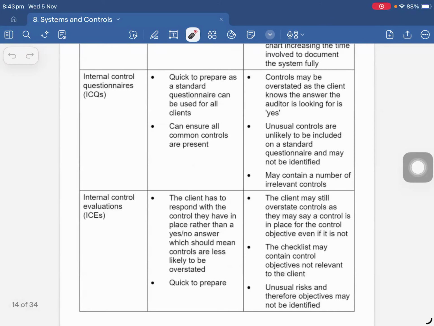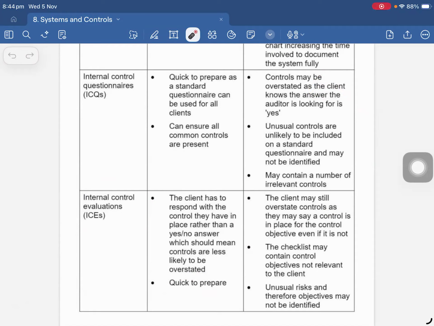Now, with ICQ, the client can promptly respond other than a yes or no answer. He can actually describe how a certain control is working in the organization, and it is very quick to prepare. The problem is still the client might overstate the controls, might exaggerate.